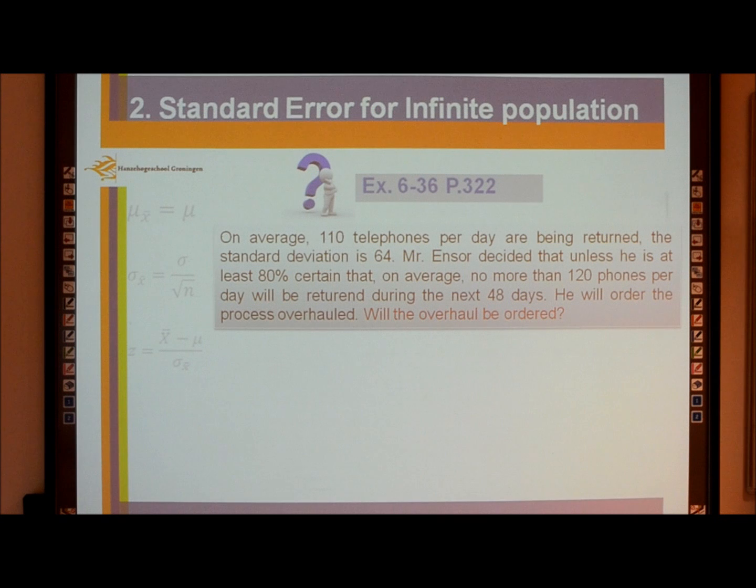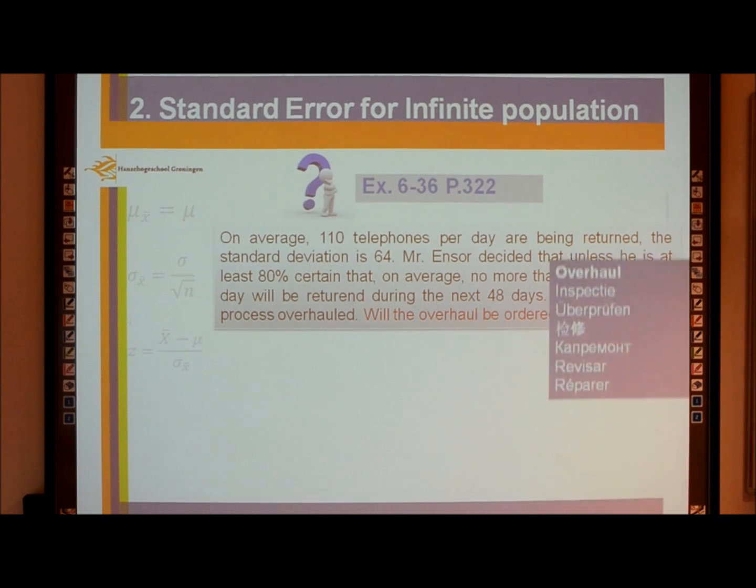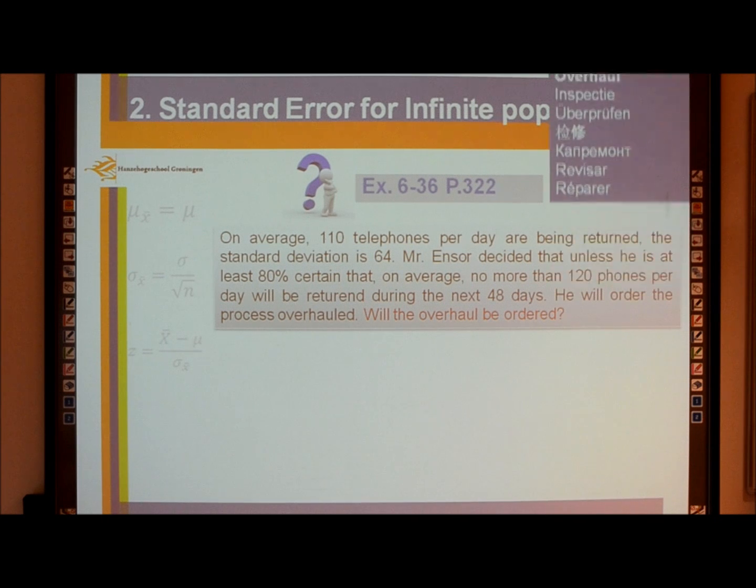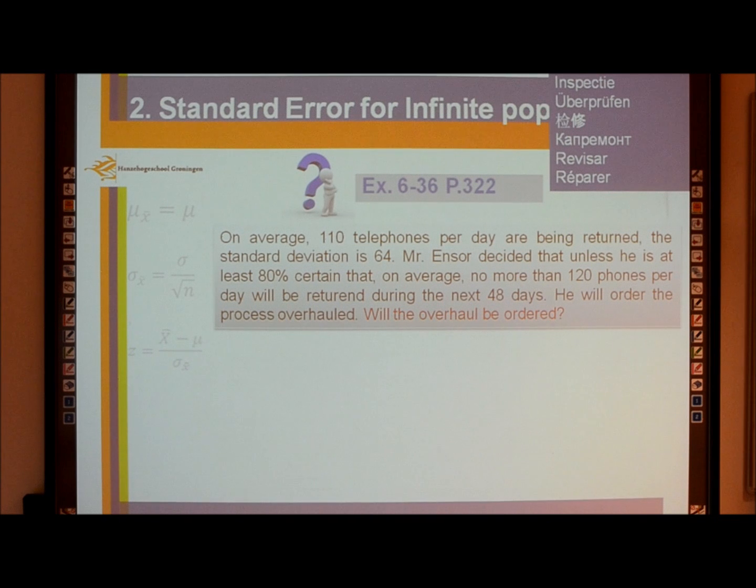Mr. Anson decided that unless he is at least 80% certain that on average, no more than 120 phones per day will be returned during the next 48 days, he will order the process overhauled. Will the overhaul be ordered? Overhaul means you need to check it.